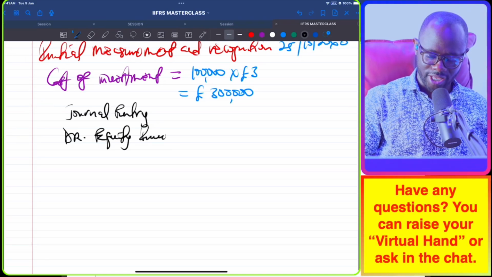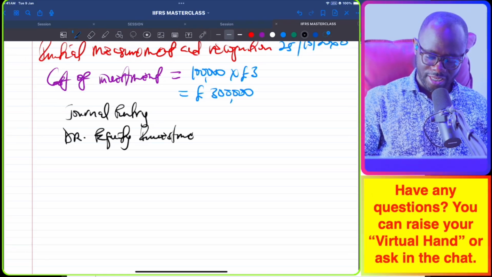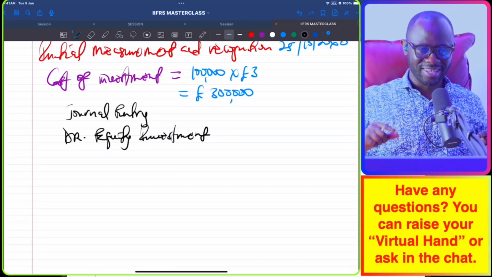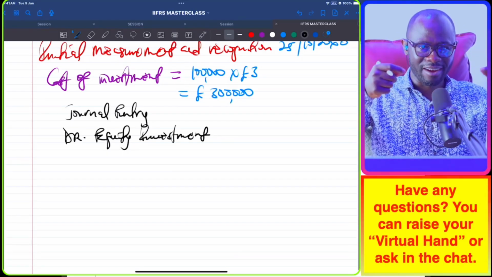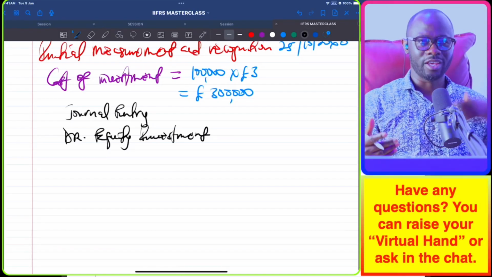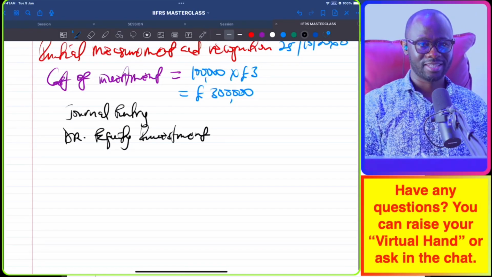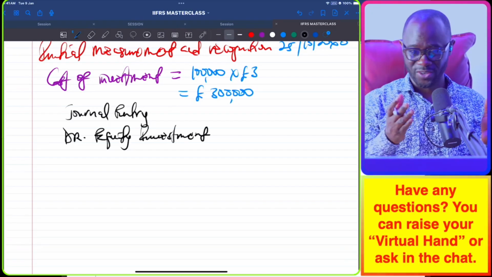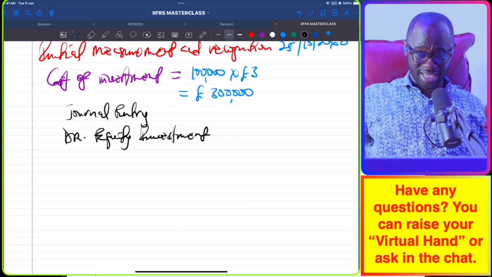The fact that we are saying equity investment does not mean it will go under equity and liability. This will be under current asset because they said it's for trading purposes, or it could be under non-current asset because it is a financial asset. Some of you hear equity and bring it under equity.